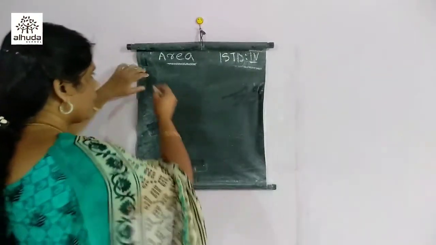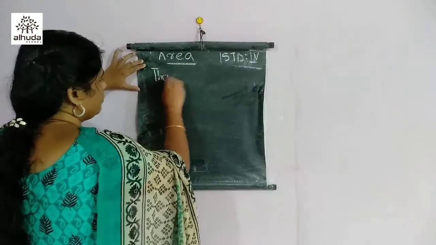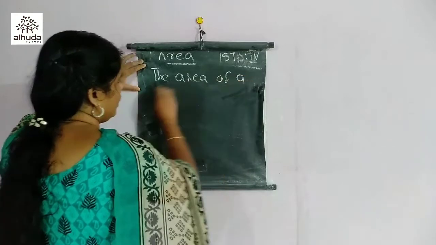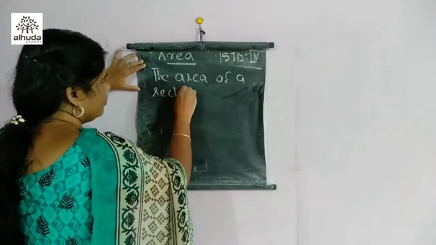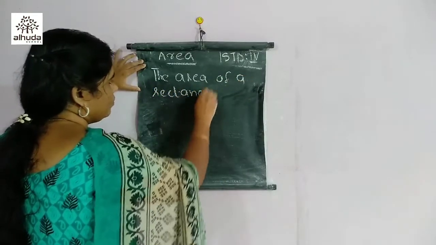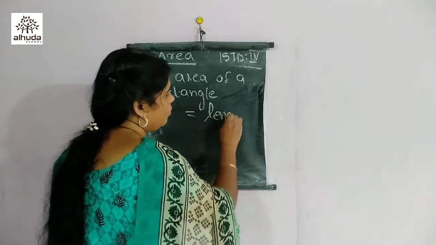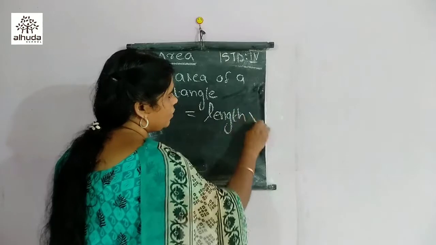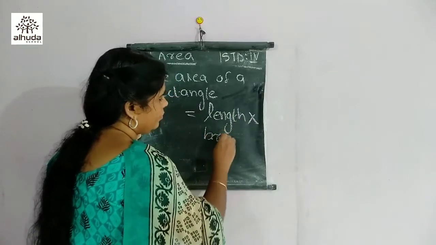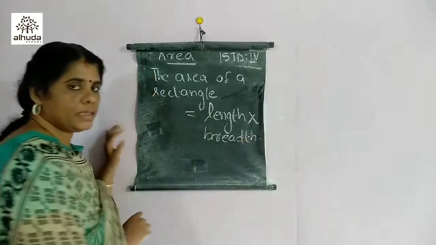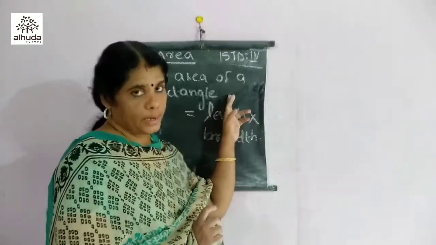The area of a rectangle is equal to length into breadth. Learn this by heart: we multiply the length and breadth, then we get the area of a rectangle.